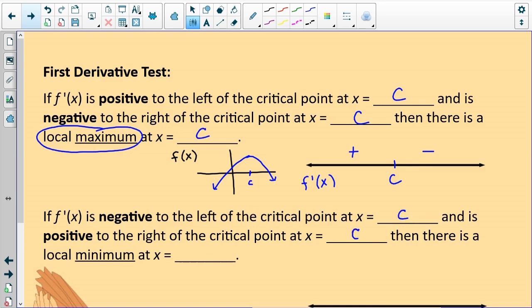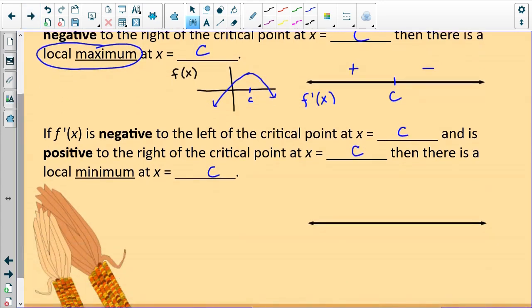Likewise, if f' is negative to the left of the critical point and positive to the right of the critical point, I have a very similar situation, except we're going to call it a local minimum.